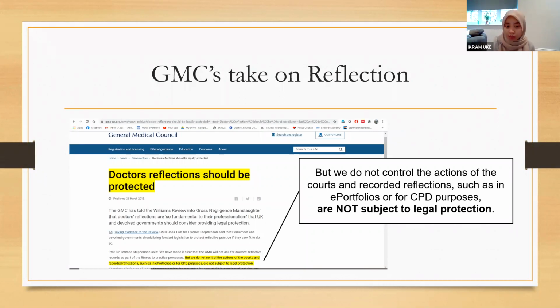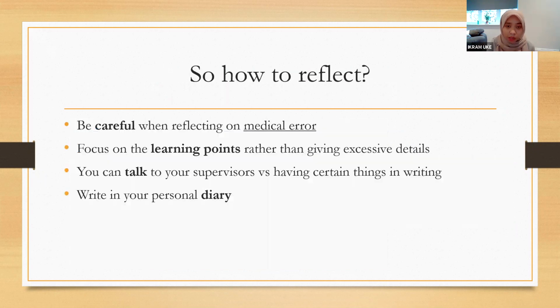This has been clarified by the GMC, so it can be used in court for or against you. So be mindful. I'm not saying don't reflect, but there's a way that you should reflect that makes it safe for you to pen out your thought processes.